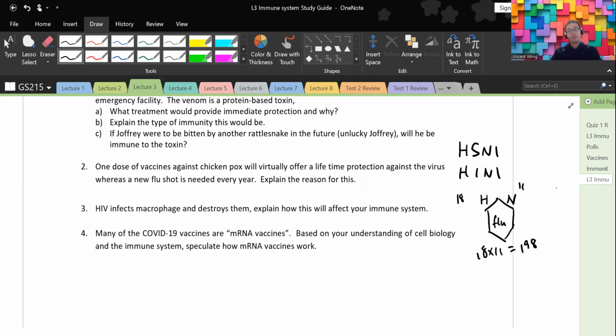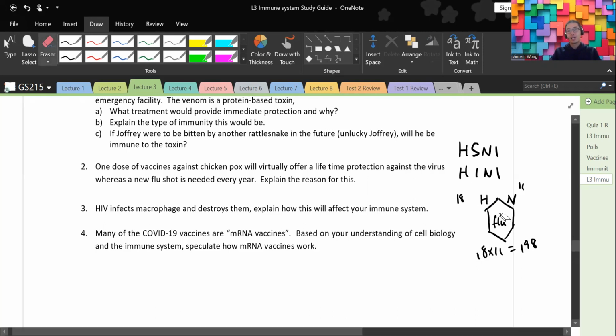That's why you have to have a new flu shot every year, because the dominating strains are not the same every year, and there are subtle changes in these H's and N's that cause the vaccine to become ineffective. So the goal of targeting flu and COVID really is to create something that will work for all kinds of flus, regardless of the mutation.